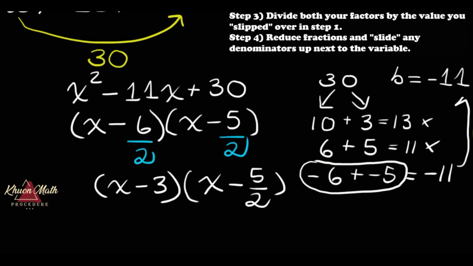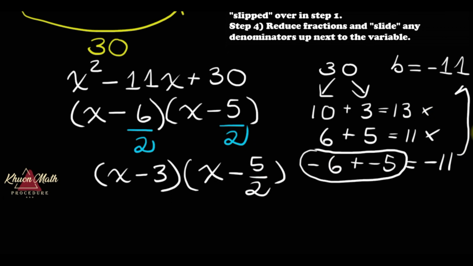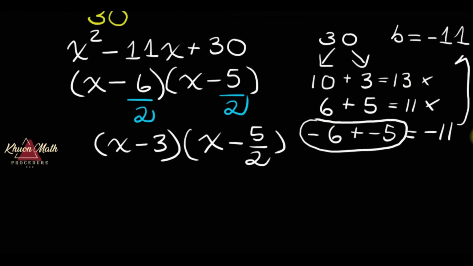So after you reduce, you are going to slide the denominator next to the variable. Your denominator for this one is 1. If you slide 1 in front of x, you're still going to get x, so no need to put that down. Now over here, your denominator is 2. If we slide that in front of x, we get 2x take away 5.